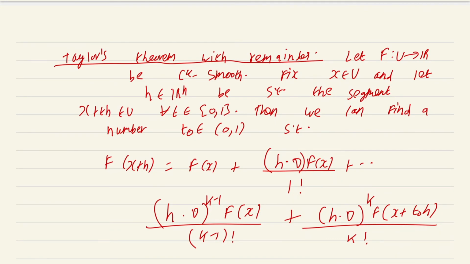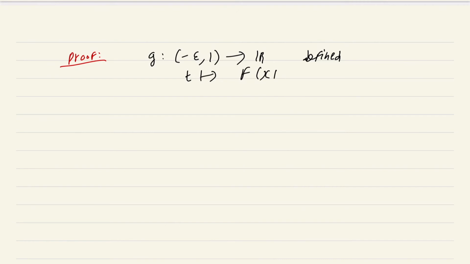The statement looks a bit complicated, but the proof is just reduction to the one variable case. So how does the proof go? Well, consider the function g from (-epsilon, 1) to R defined by t goes to f(x + th).